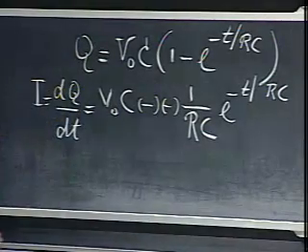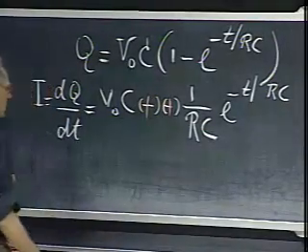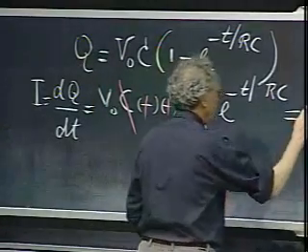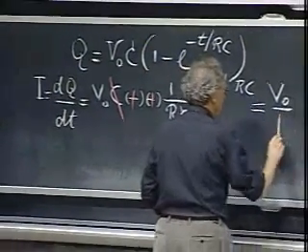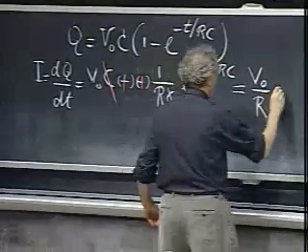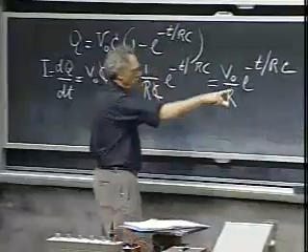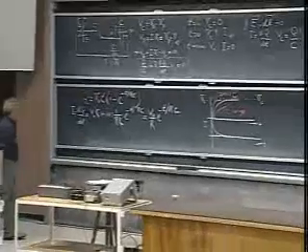So the two minus signs eat each other up, and I lose one C here. And so I get that the current, as a function of time, is V0 divided by R times e to the minus t divided by RC. So that's the curve at the bottom.